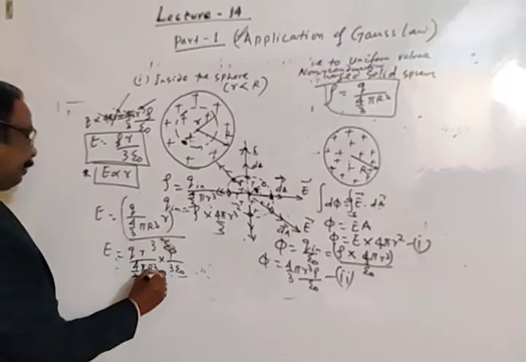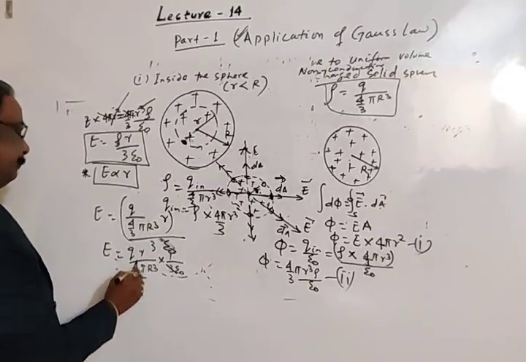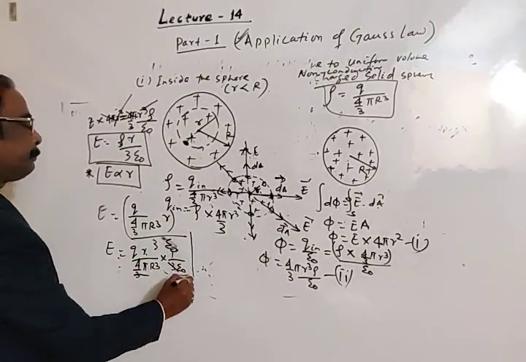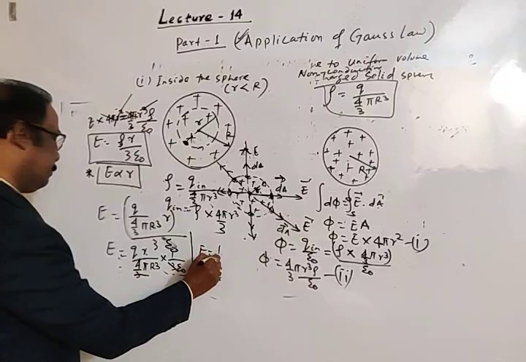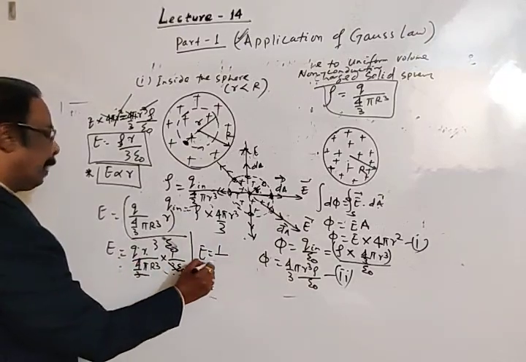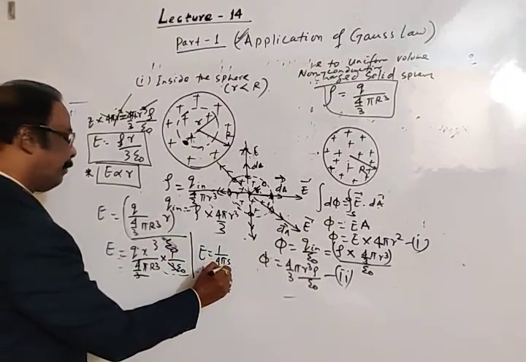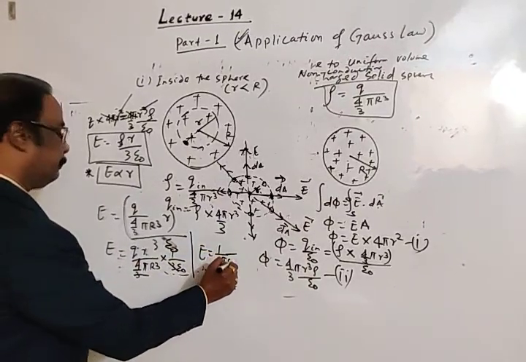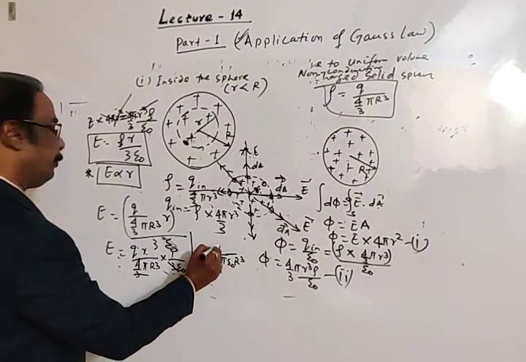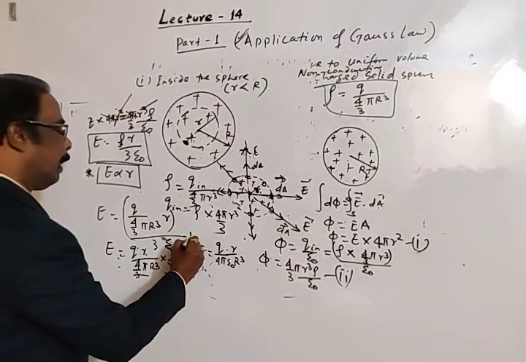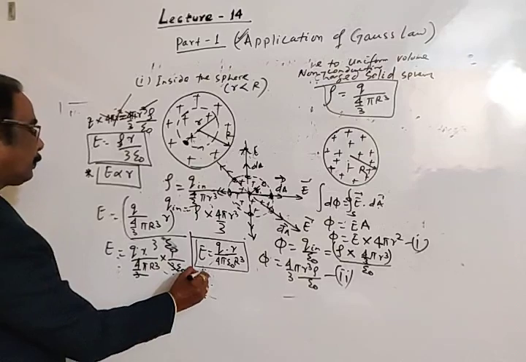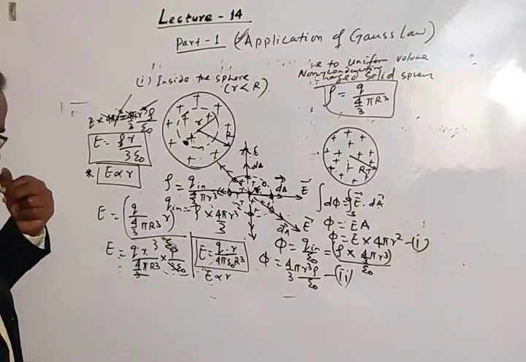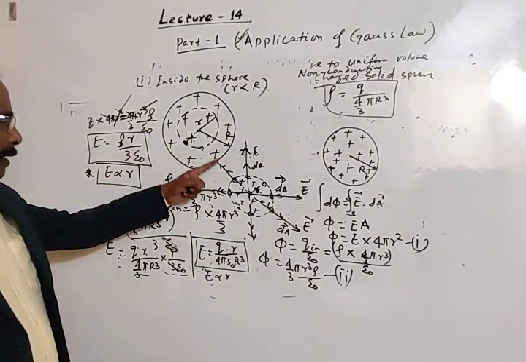See, 3 gets cancelled. Then finally we get the electric field is equal to 1 divided by 4π epsilon naught times Q divided by r cube, times r. This again shows the electric field is directly proportional to distance.